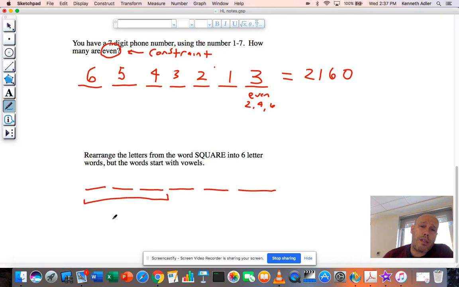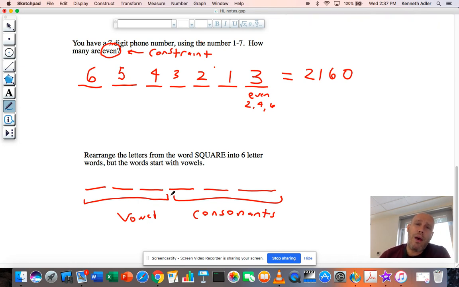Well, I know this is a vowel, and this is a vowel, and this is consonants. Well, what are my vowels? Well, they're U, A, E. So I know I have 3, 2, 1.